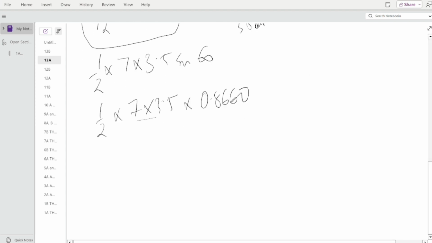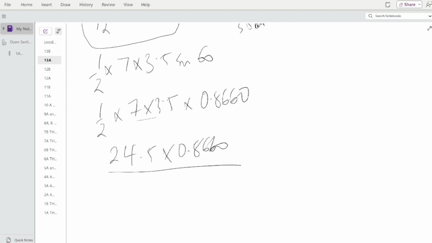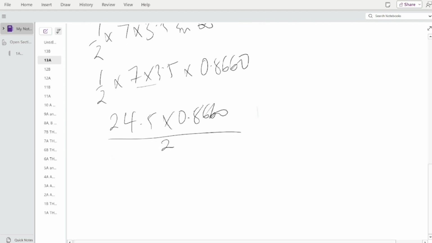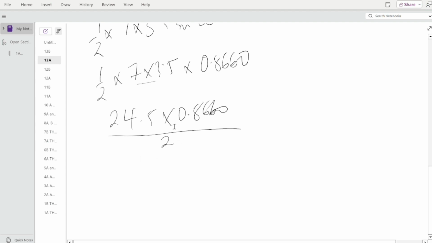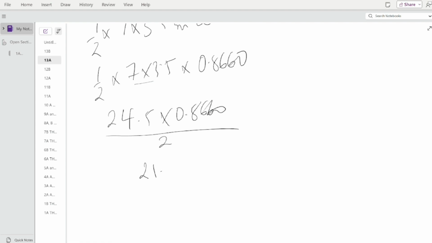Next, we multiply 7 times 3.5, 24.5 times 0.8660 over 2. We multiply 24.5 times 0.8660. It gives us 21.22, still divided by 2. 21.22 divided by 2 gives us 10.6 centimeters squared as the area of the triangle.